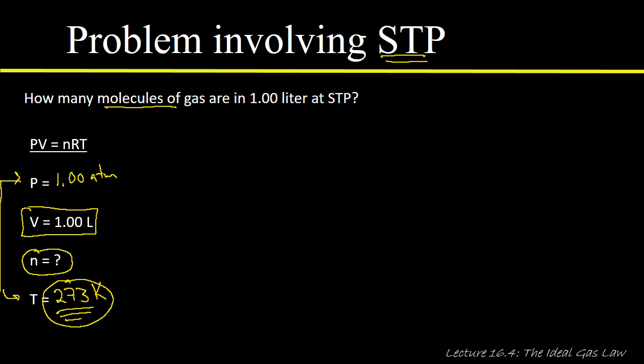Okay, so now we want to know how many molecules there are. That means we're trying to solve for n. And if we've got PV equals nRT, we want to solve for n. We just divide both sides by RT, and that will give us n equals PV over RT.